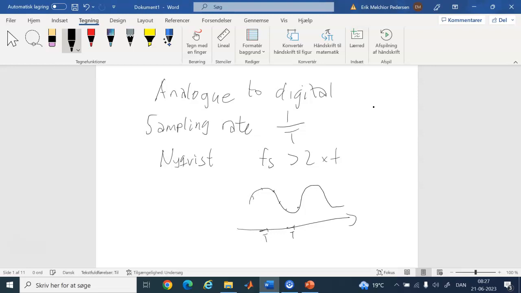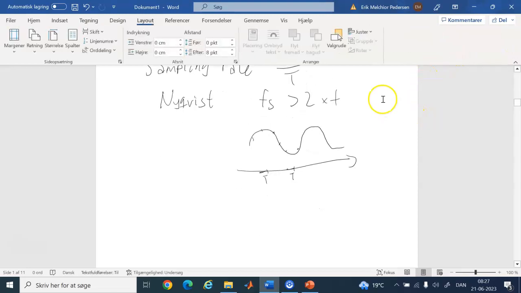We also need a number of bits. The number of bits determines the SNR in dB, and it is about 6 times the number of bits.